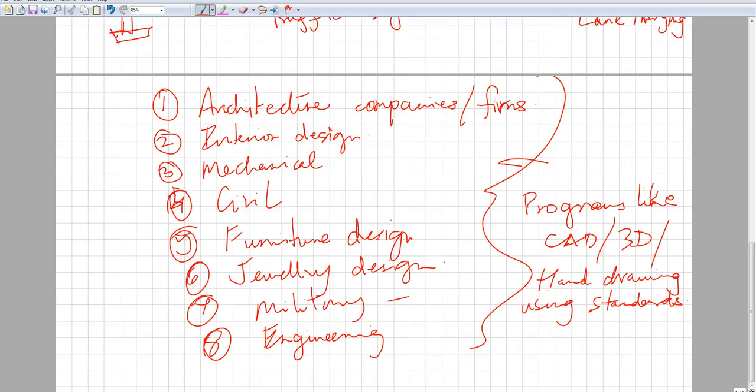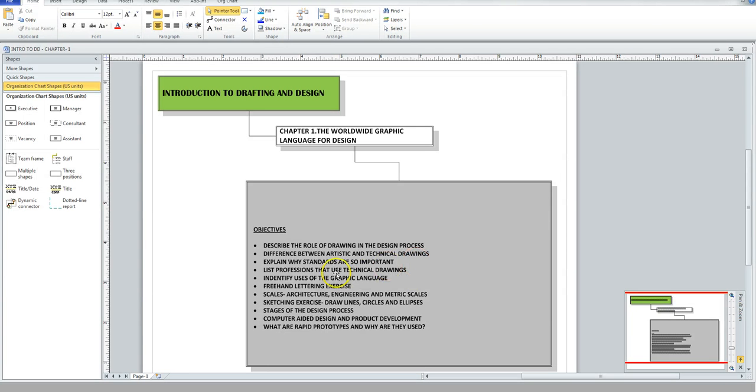So everything that you use in everyday life has one time or the other been drawn by someone onto the right scale and the standards for you to use in manufacturing and construction, right? So that's some of the professions that you see that use technical drawing.